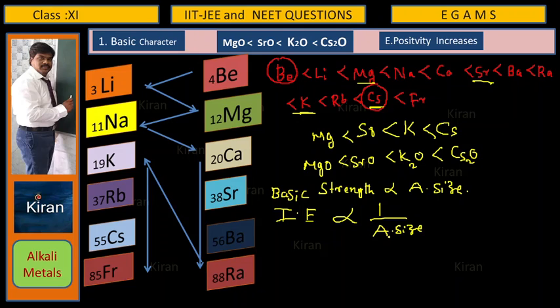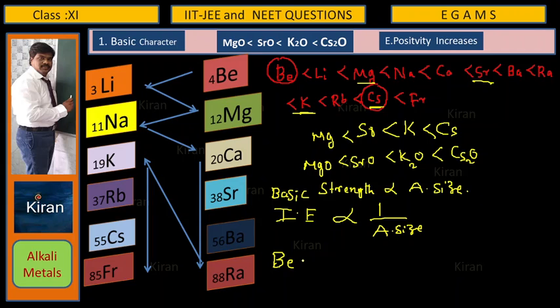When atomic size increases, ionization energy decreases. The bigger atom has lower ionization energy. What is the order of ionization energy among these two groups? Which has high ionization energy, my dear students? Beryllium has high ionization energy.